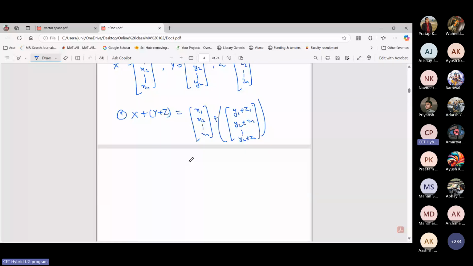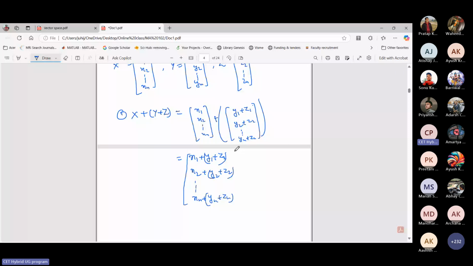This will be equal to x1 plus y1 plus z1. Again we will add, these are again two vectors, no? Yes, ma'am. x2 plus y2 plus z2, xn plus yn plus zn. Now since all of these are real numbers, can we interchange the bracket?